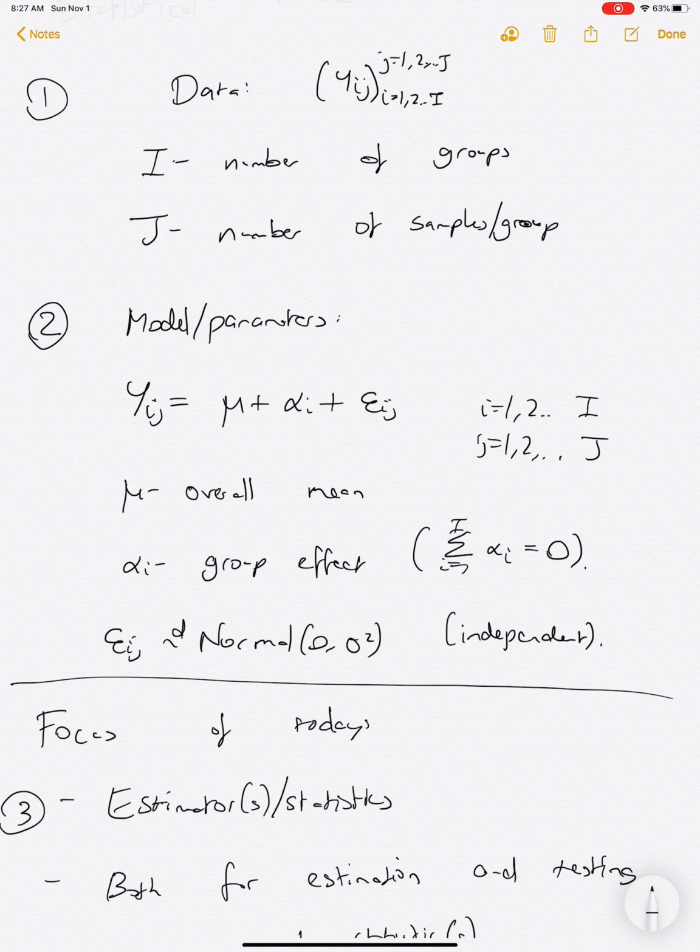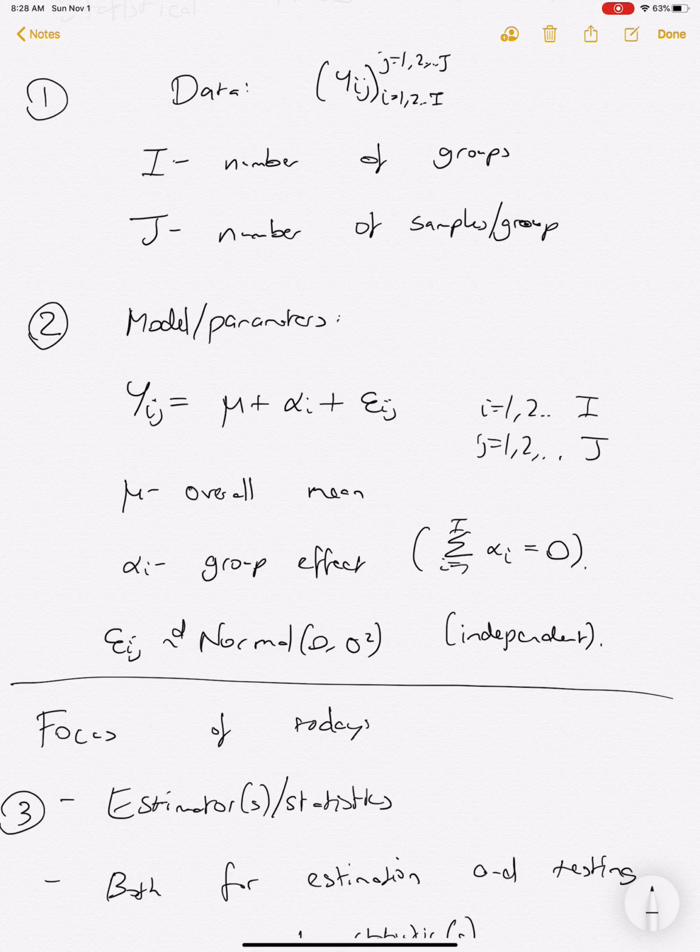So this is our model that we're dealing with, where we have the overall mean mu, and then the group effect alpha i. We also need the additional assumption that the sum of the alpha i's is 0. This makes intuitive sense in that the overall group effect on average should be 0.